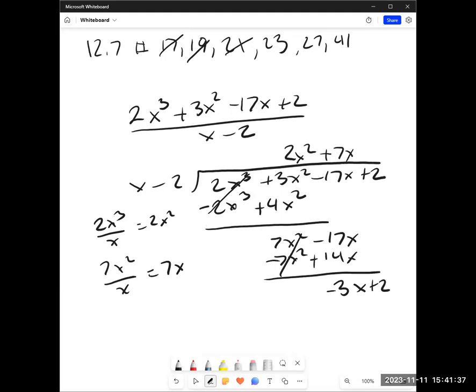Bring down. Change my signs and add. There you go.